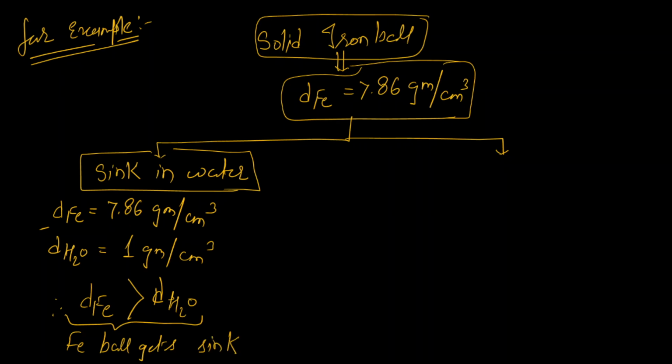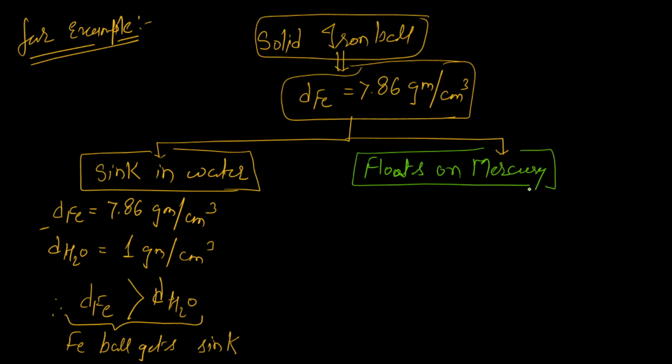Okay. Now another example we can understand here. Iron floats on mercury. Mercury's chemical formula, what is its chemical symbol? Hg.